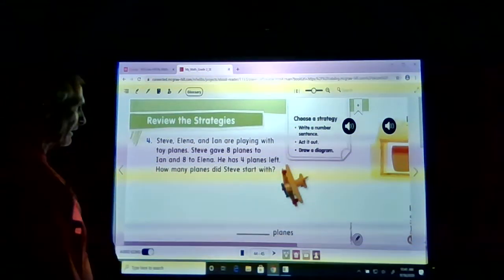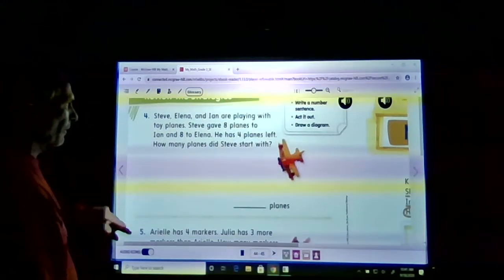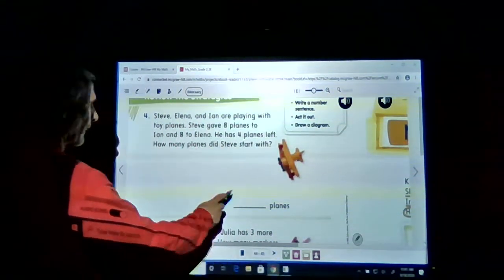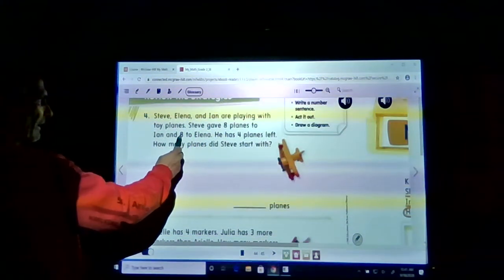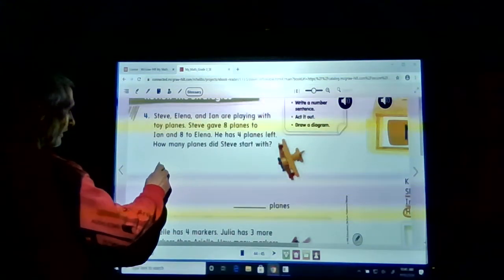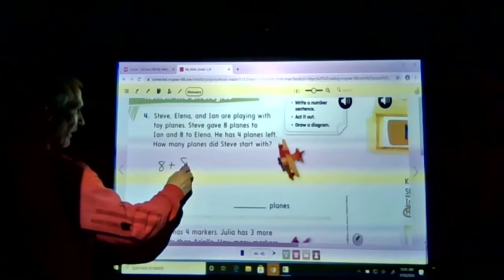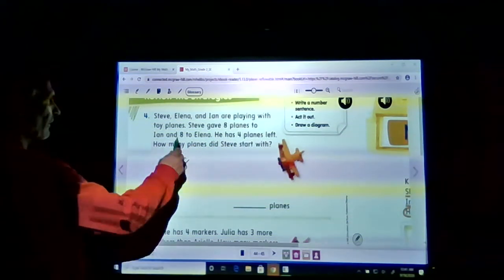Steve gave 8 planes to Ian. 8 planes to Ian. Steve gave 8 planes to Ian and 8 to Alina. So we know Ian has 8 and Alina has 8. But he has 4 planes left.